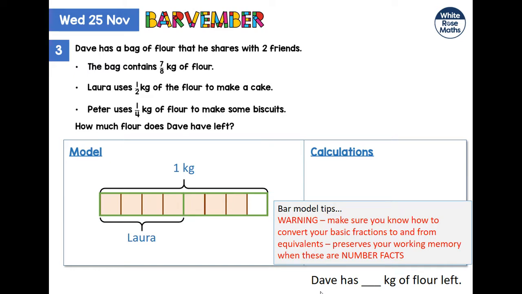So there's Laura's half of our big green bar, and there's Peter's quarter, and you can see that we can do this very easily, because we can recognize that half is 4/8 and that quarter is 2/8, and those are equal fractions.